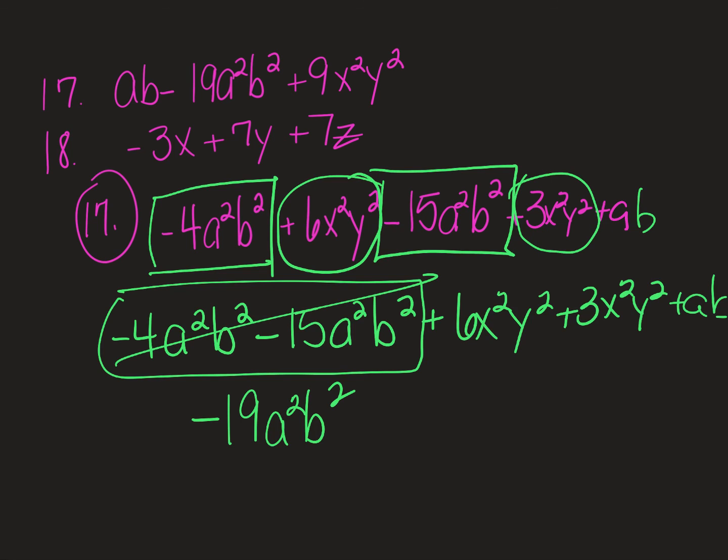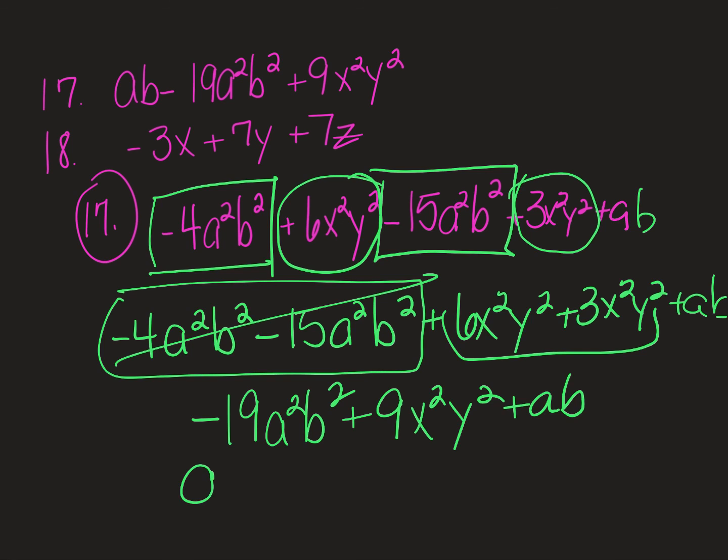That takes care of those. Then I'm going to combine these, which would be 9x squared y squared plus ab. Now, ideally, you would write this as ab minus 19a squared b squared plus 9x squared y squared. But if you wrote it with the AB on the end, I would not mark it wrong right now, okay? But technically, you do write it this way.